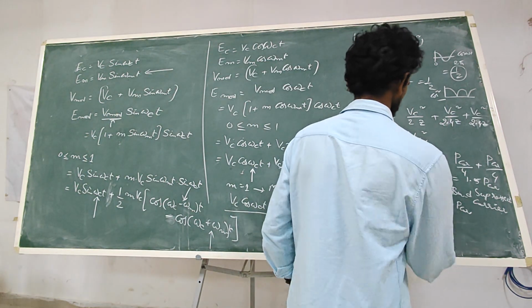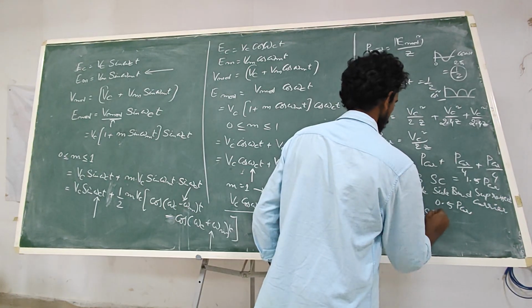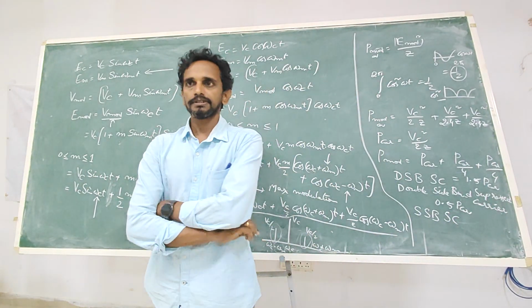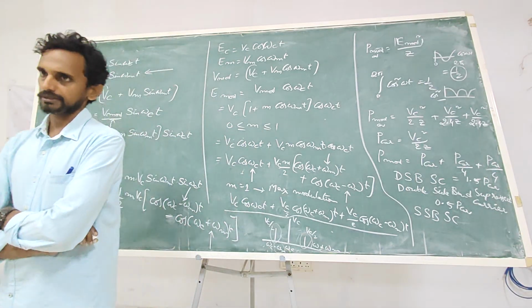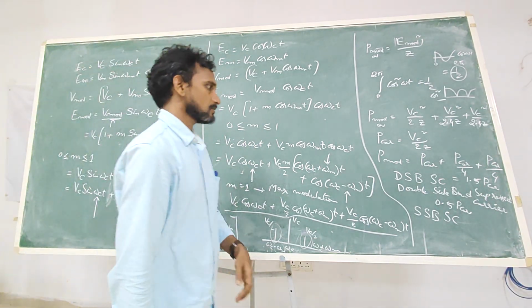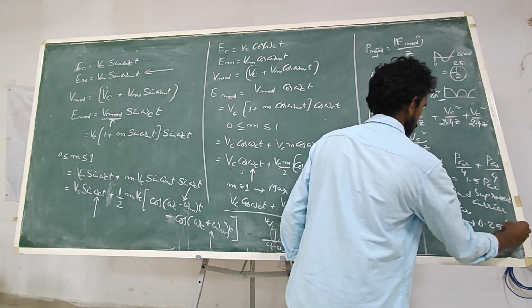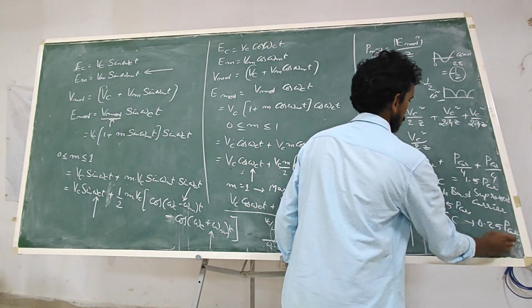And another type is SSB, single sideband suppressed carrier. This requires only 0.25 times the carrier power.